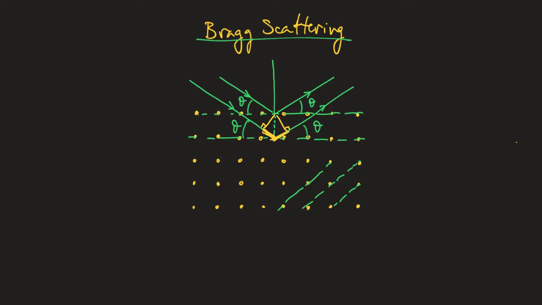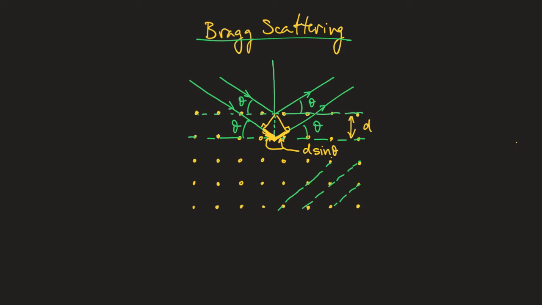And as you can guess, the distance between the Bragg planes is d. Geometrically, this distance right here is d sine theta, as is that one right there.